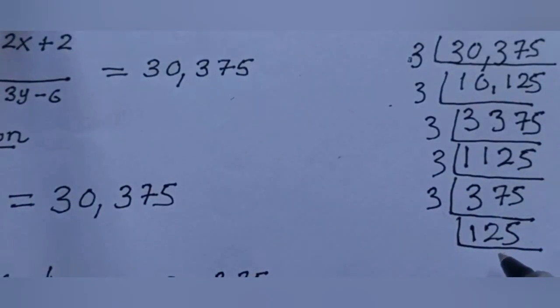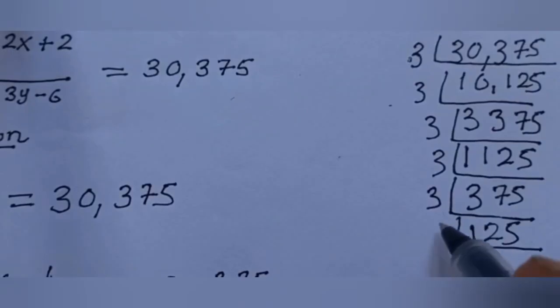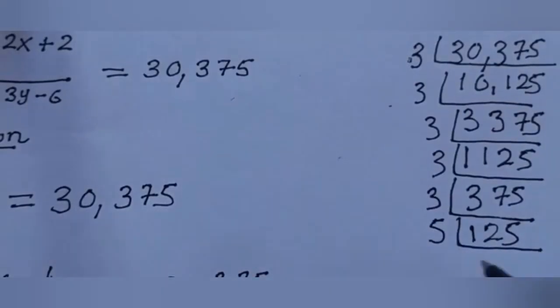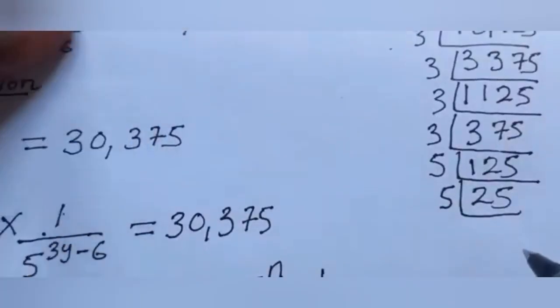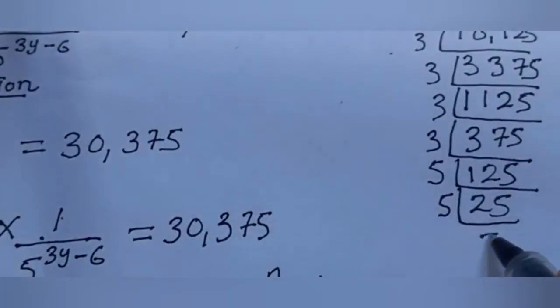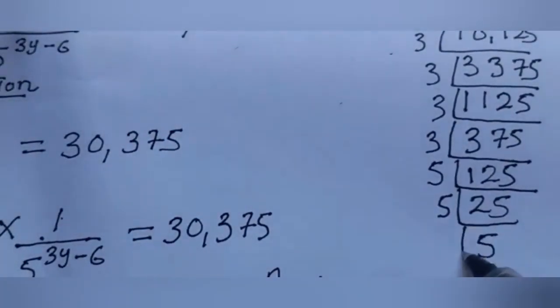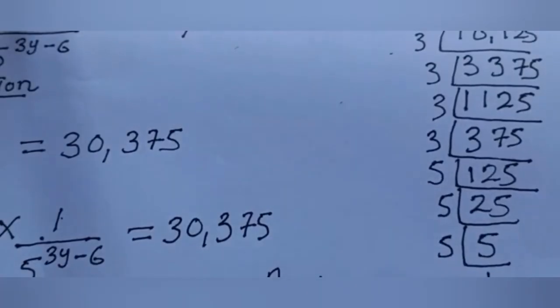Here, 125 is not exactly divisible by 3. So now divide by 5. We get 25. Again, 25 divided by 5, we get 5. And lastly, 5 divided by 5, we get 1.